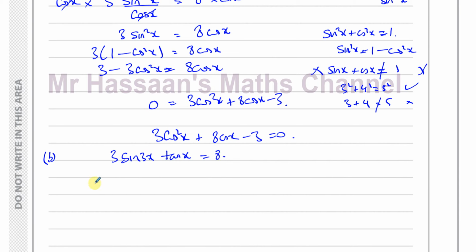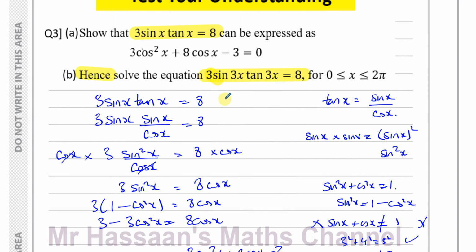I can rewrite this as 3 cosine squared 3x plus 8 cosine 3x minus 3 equals 0. I can rewrite it in this form because the x that we have here has been replaced by 3x.